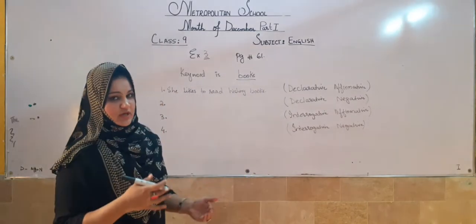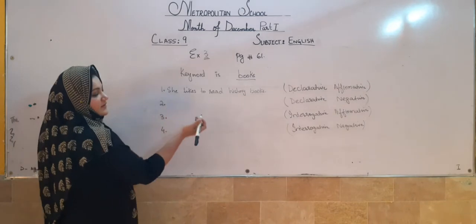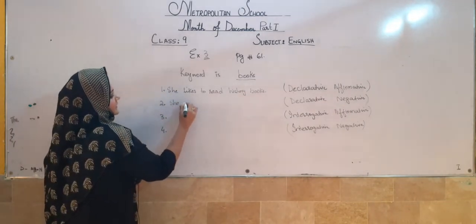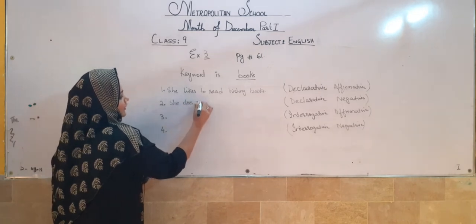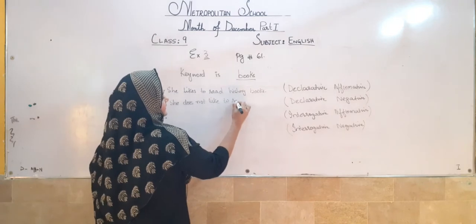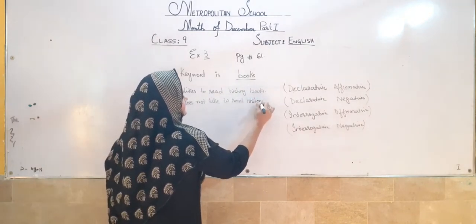Now I am going to change it into declarative, negative. So how will I change it? Just adding not, does not. She does not like to read history books.